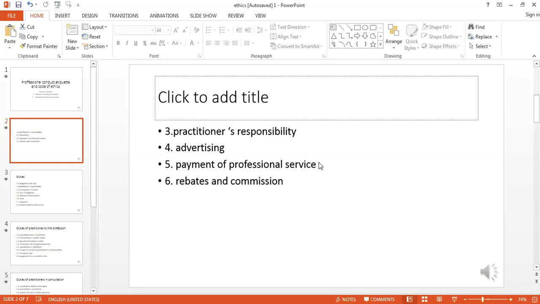This rebate and commission is a very important point, like the advertisement.